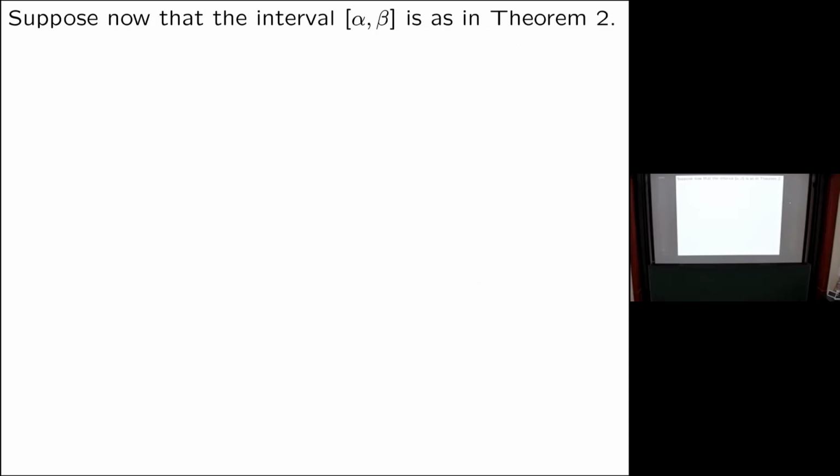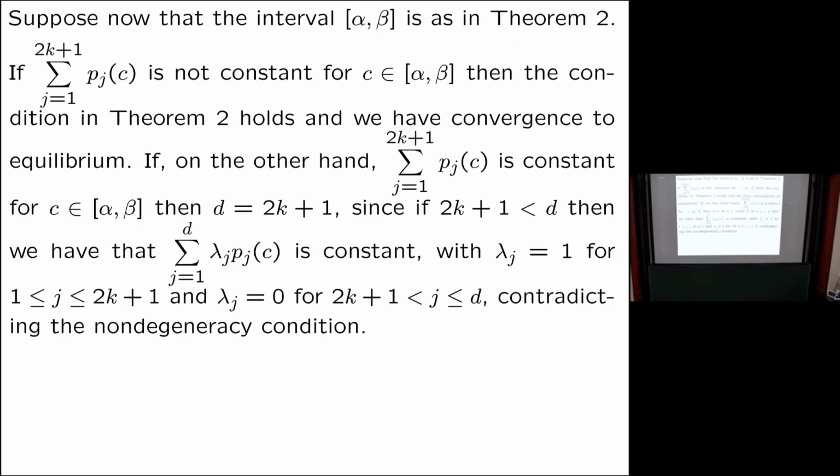And now there's another little argument that shows that, in theorem 2, if this sum is not constant on this interval, then the condition in theorem 2 holds, and we've got convergence to equilibrium. On the other hand, if it is constant, then D has to be 2k plus 1, because you can add zeros and use the non-degeneracy condition.